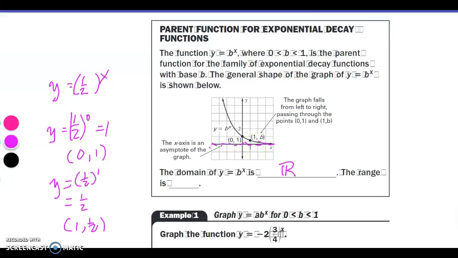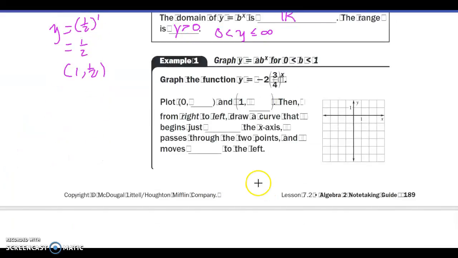So we still write it the same way. We'd have in this case y is greater than 0, not equal to, just greater than, because of that asymptote. Or, as I told you before, you could write 0 is less than y, which is less than or equal to infinity.